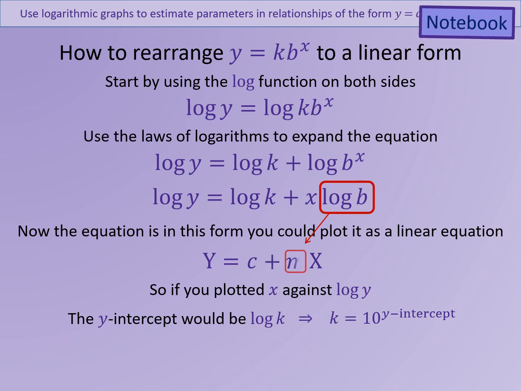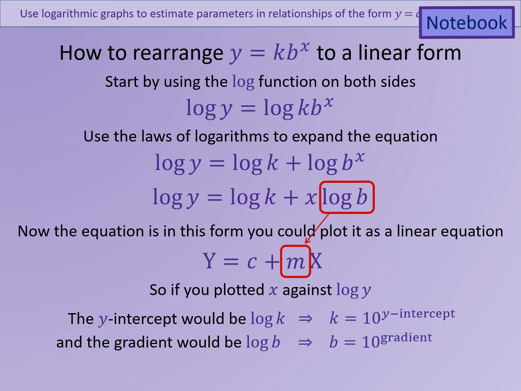And then similarly, my gradient this time is going to be represented by log to base 10 of b. So if I find the gradient on my resulting linear graph, then the gradient would be log to base 10 of b, and then rearranging that into my exponential form, the value of b would be equal to 10 to the power of the gradient.